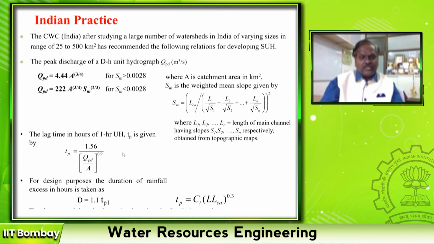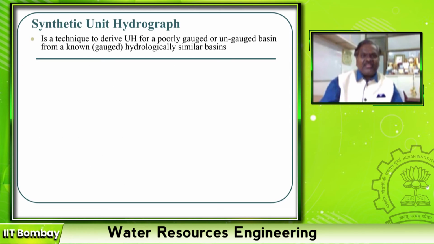Okay. So the time of concentration is estimated using an empirical relationship given by Snyder, right? Because this Indian practice was developed later, but Snyder has given a simple method to derive a synthetic unit hydrograph. Synthetic unit hydrograph means you derive a unit hydrograph for a basin which is gauged, where you have measured rainfall as well as runoff.